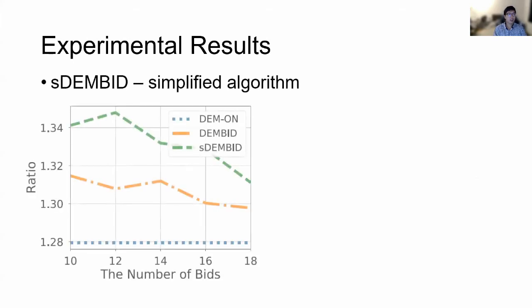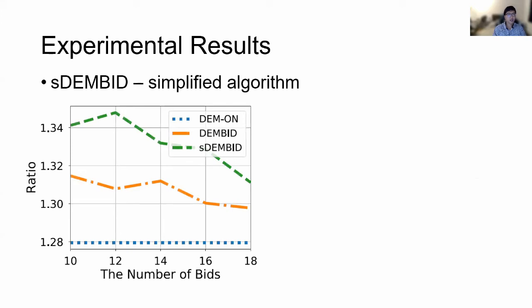Now, in addition to dem on and dem bid, as discussed before, we also compare against a simplified version of our bidding algorithm called sdembid, which uses a simplified threshold function. First, we evaluate the effect of increasing the number of bids varying from 10 to 18.